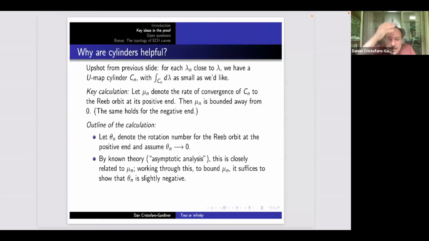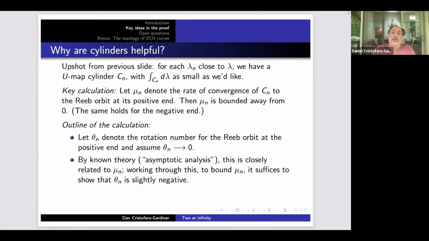And then that rotation number itself is determined by the partition conditions. So if you work through it all, what you need is that the cylinders C_n are asymptotic to curves with, say, slightly negative rotation number, at least in this special case. Okay, so that was pretty fast, but it's really important to have cylinders for this.